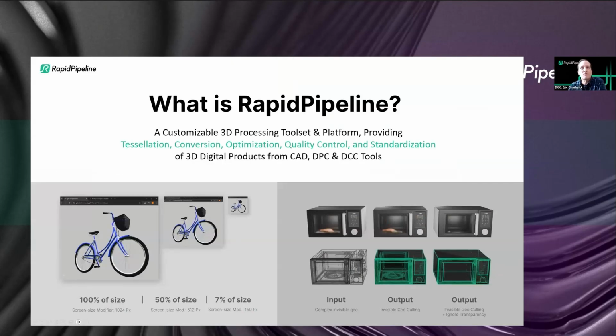So Rapid Pipeline, what is this thing all about? Basically, we have this whole system for working with 3D assets. You can convert to different formats, pull things in a variety of different ways, and do all kinds of optimizations and processing of those 3D models.